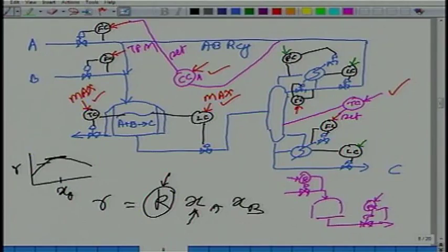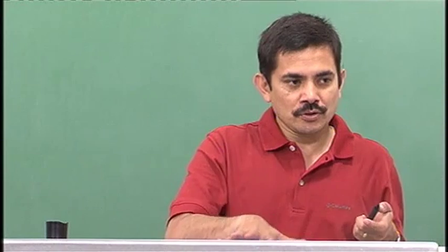Even if you give the 2 set points equal, because of mismatch in sensor noise, sensor bias, either you are putting in more feed than you are taking out, or you are taking out more than you are putting in. If that is happening, the tank level is either increasing or decreasing, and some alarm will get hit, high level tank alarm or low level tank alarm. Same thing is happening in this process too.